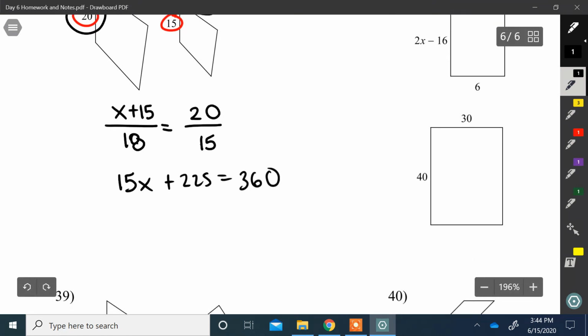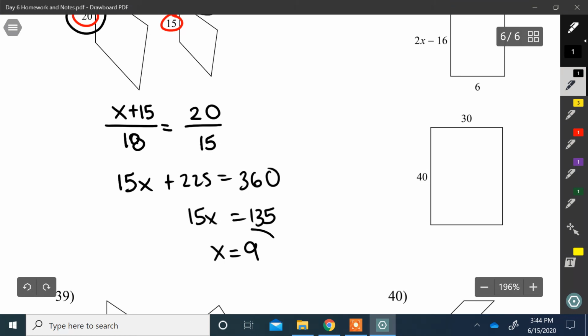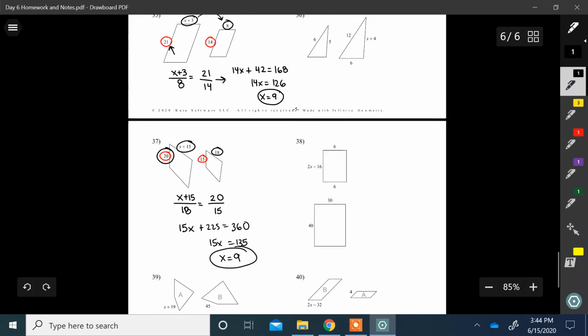Go ahead and subtract 360 minus 225 now. And then finally, we're going to divide by 15. And once again, we actually get 9 again. Doesn't mean all the answers are 9. Just be careful with that.